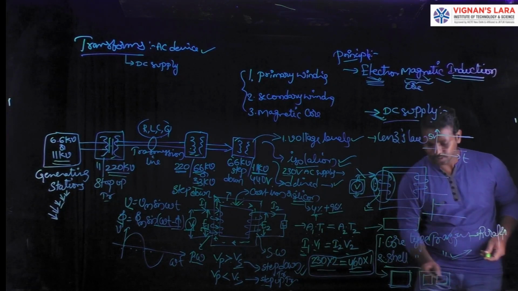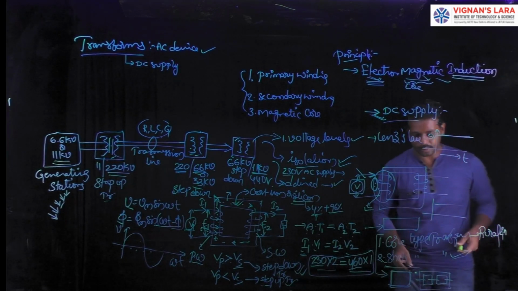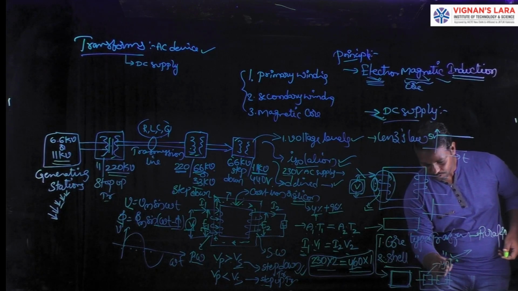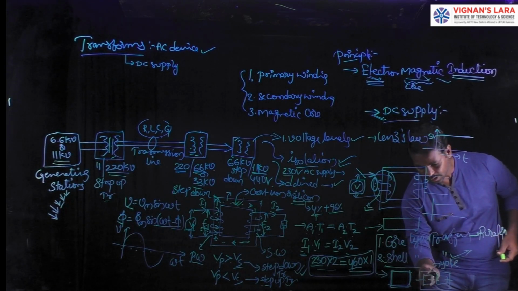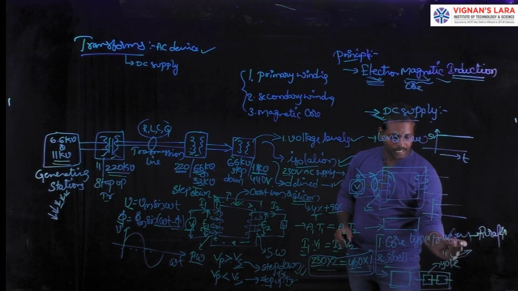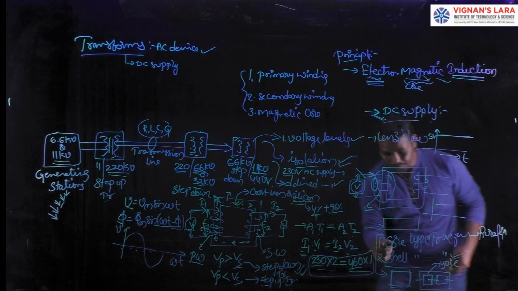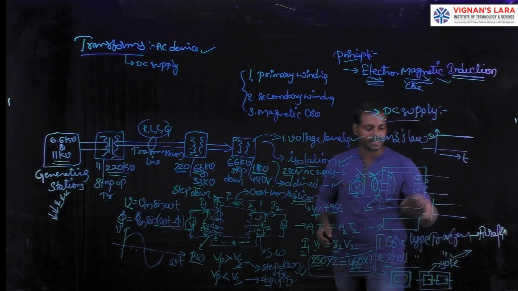These are the legs or limbs, and these are the yokes. A shell type transformer consists of three limbs and two yokes, but a core type transformer has two limbs and two yokes. That is the difference.